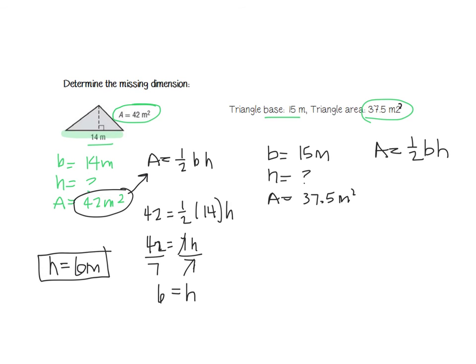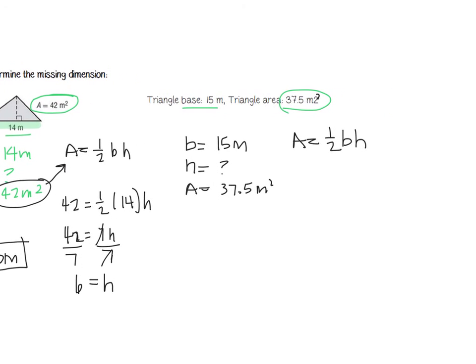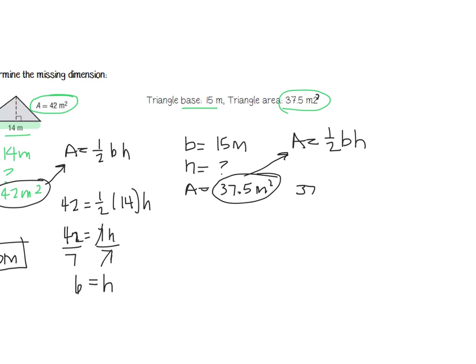So now I start substituting in what I do know versus what I need to find out. When we do this, this is where people have problems. This goes in place of the area. 37.5 equals 1/2 of 15 times h.